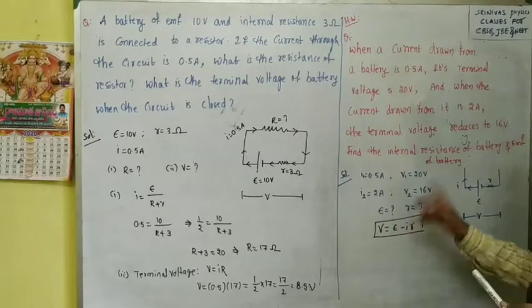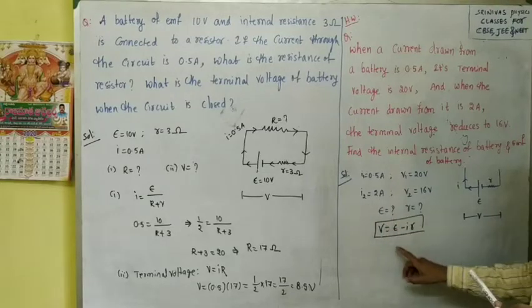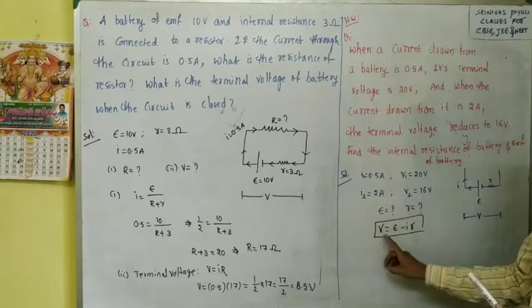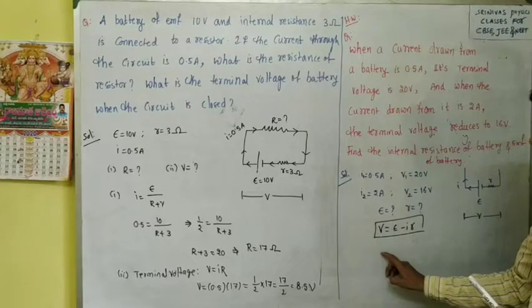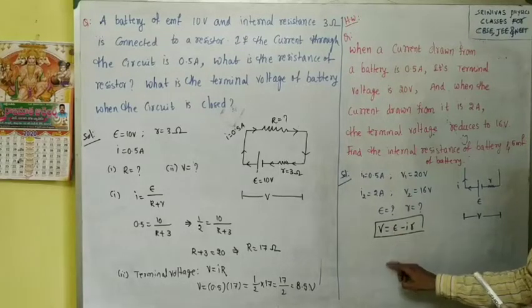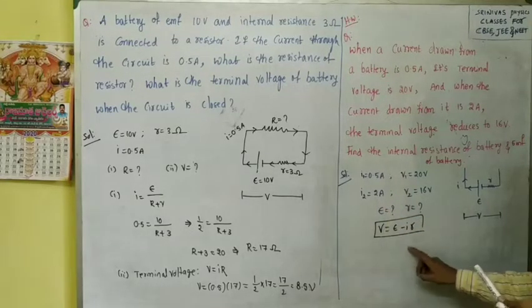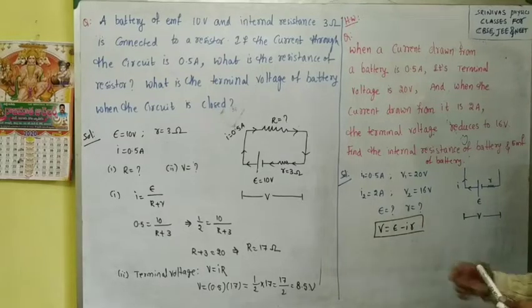The EMF of a cell does not change, but the terminal voltage changes. Then the current changes to 2 amperes and the terminal voltage to 16 volts. Once again we substitute: 16 is equal to E minus 2 into small r. You get two equations.